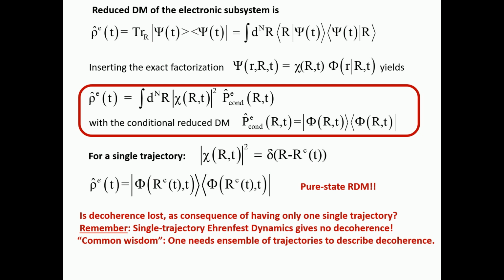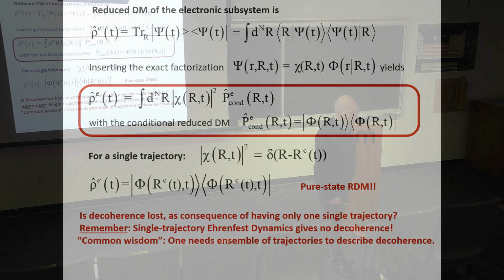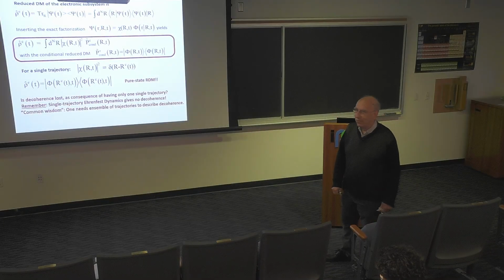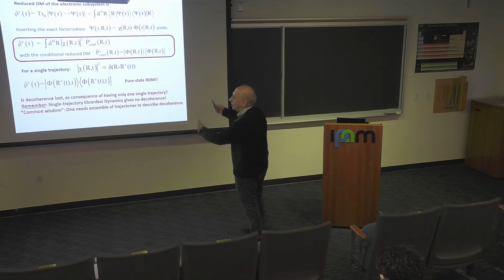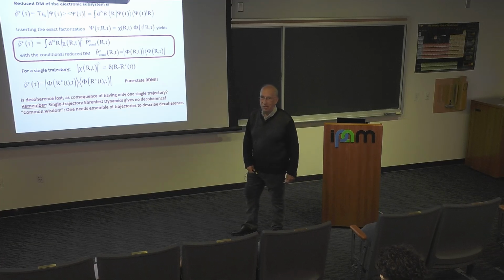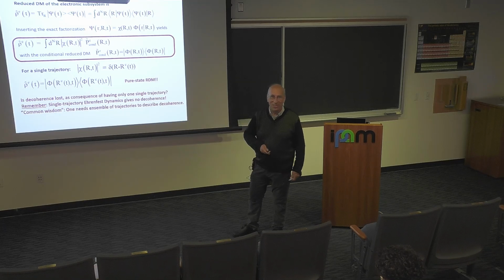Then the reduced density matrix actually reduces to a pure state RDM, right? Namely along the classical trajectory. So then, if you ask people in the molecular dynamics community, can we still describe decoherence with this pure state RDM? Probably 100% of the people you ask would say, no, it's not possible. You have lost decoherence here.